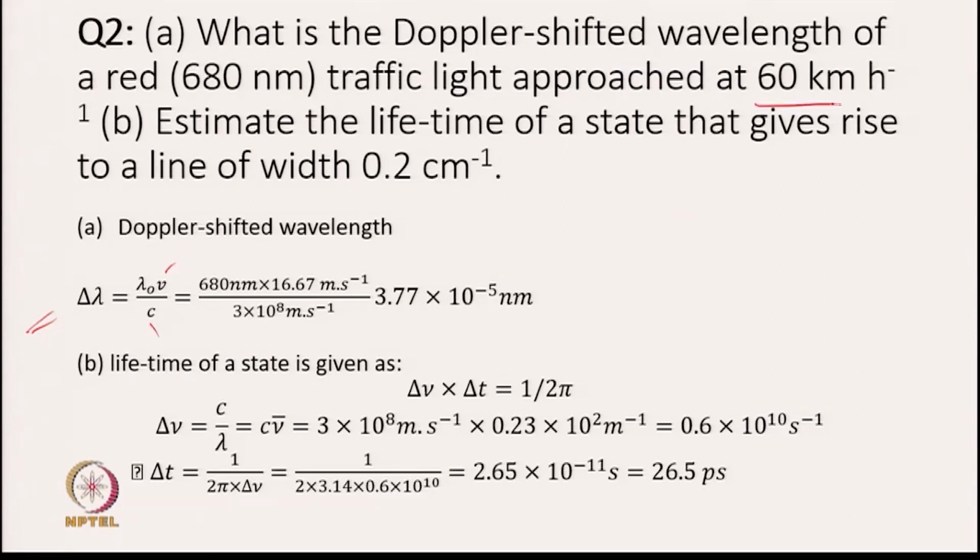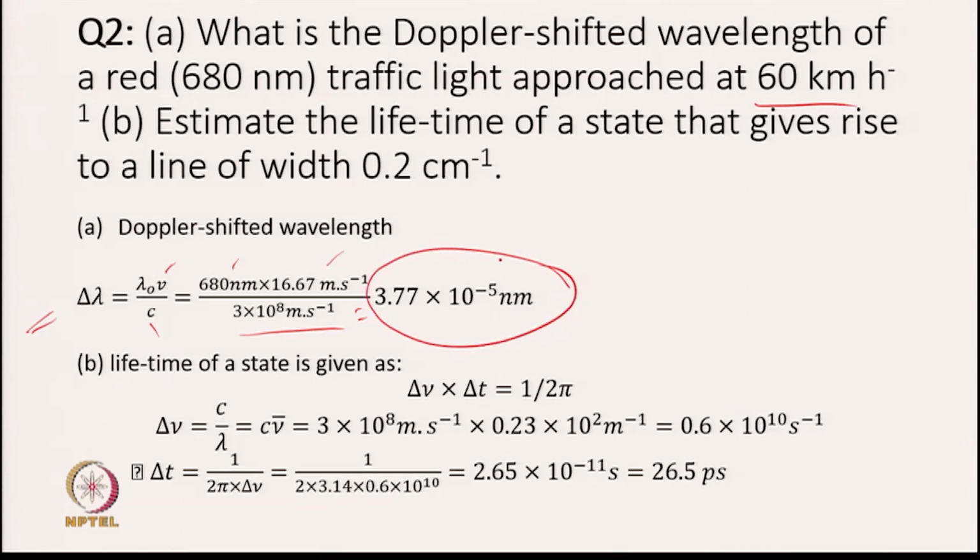Velocity of source is given as 60 kilometer per hour, and you can change that to meter per second, and that comes out to be 16.67 meter per second, multiplied by this wavelength, which is the wavelength of your source when it is not moving, divided by c, velocity of light in meter per second, and what you get is this much. So, this is equal to this much nanometer. This is your Doppler shift.